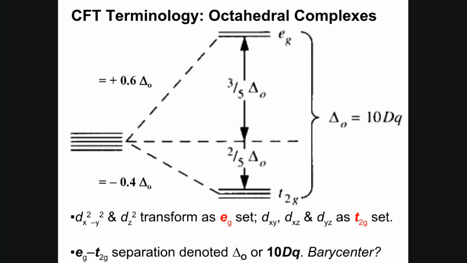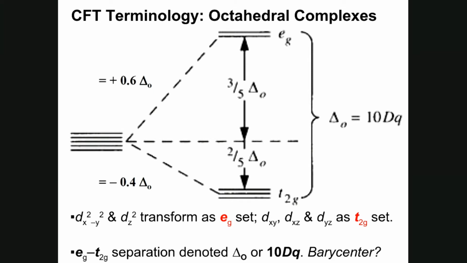So importantly, in an octahedron, 3 orbitals are stabilized by minus 0.4 delta O units. Please always put the units. And these ones, the set of 2, are elevated 0.6 delta O units. This is very important. And the dotted line that I was talking about, that it is actually the center of gravity of these orbitals in their unsplit state, is called the barycenter.